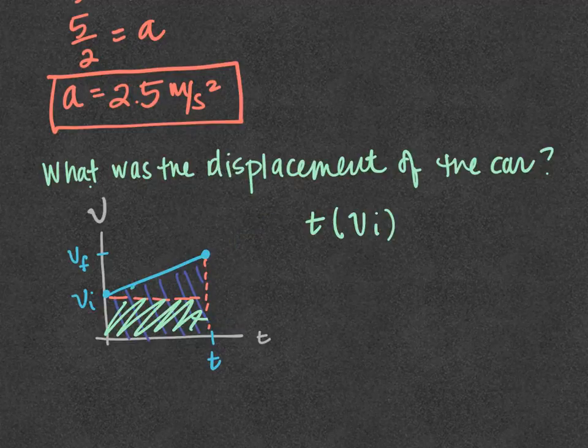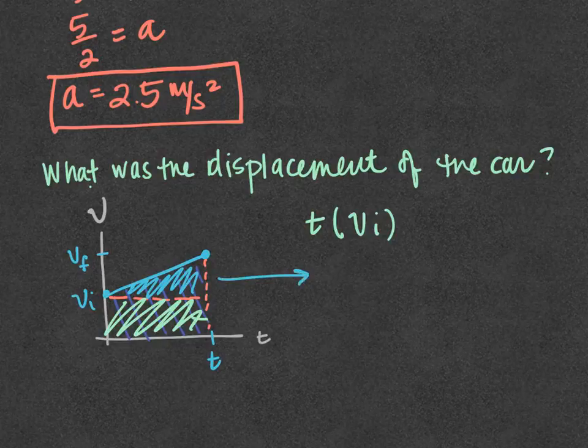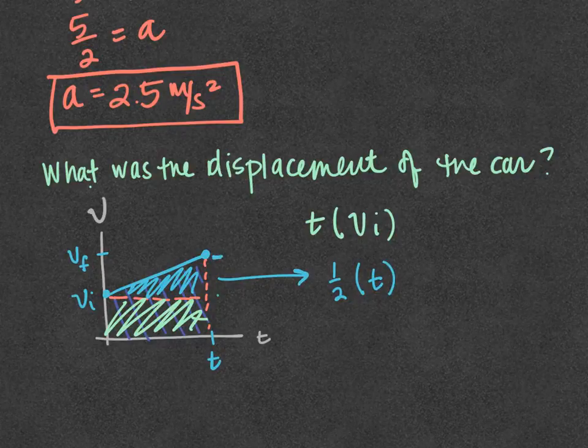Now let's do this piece here that's a triangle. Now a triangle's area is 1/2 base t times height, and this is the height from the initial velocity to the final velocity. So that height would be the final velocity minus the initial velocity.